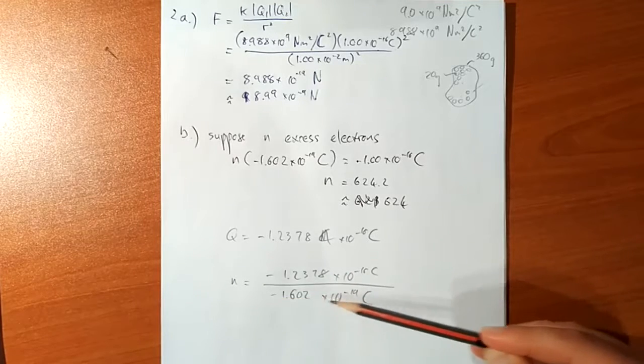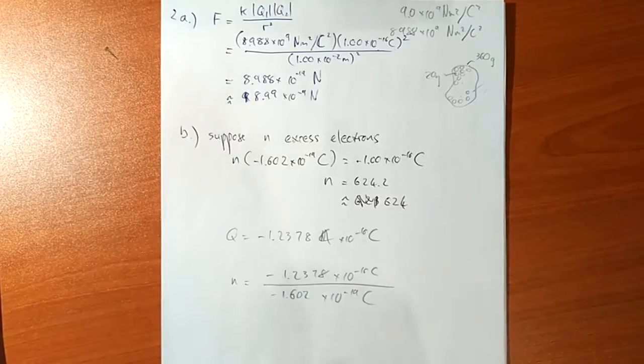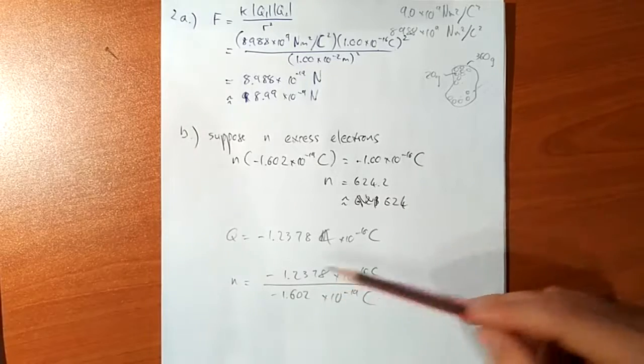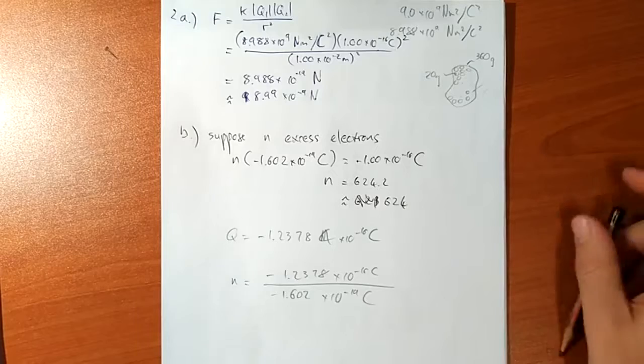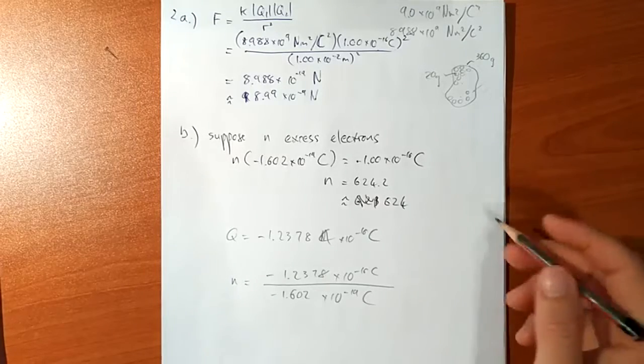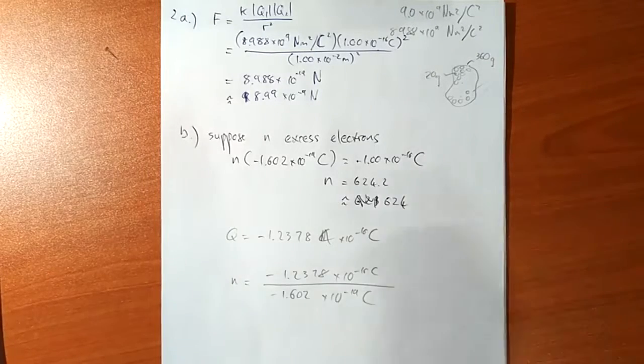I mean, there's more here. This is still not the exact charge, so you can go and look up even more digits for the electron charge. But the point is, the two you'll see used a lot are just 1.6 and 1.602.